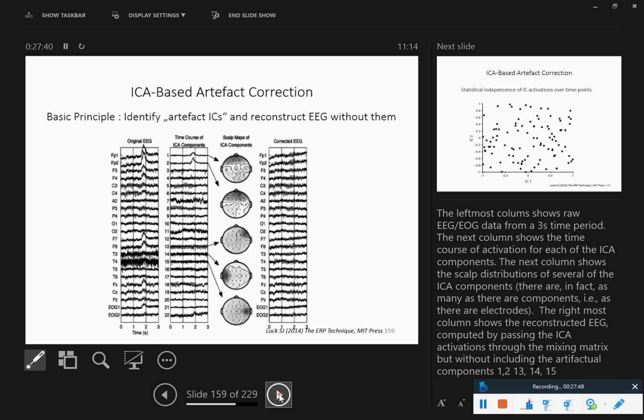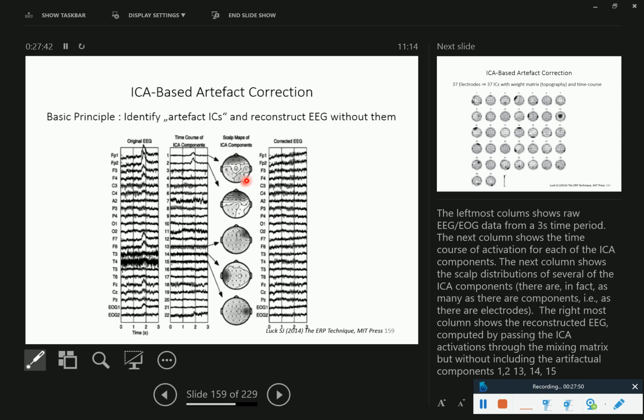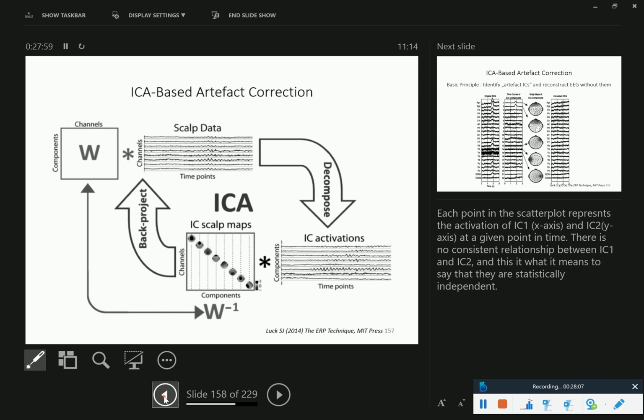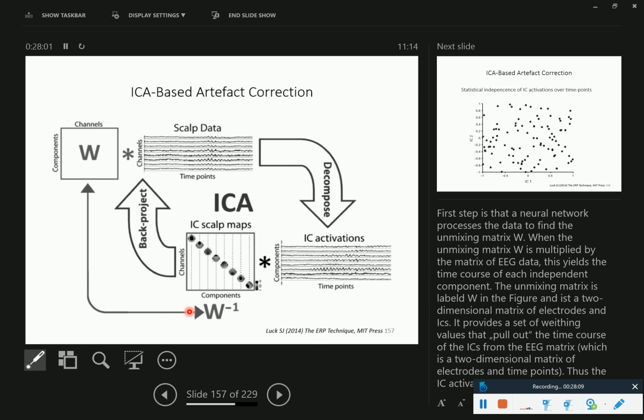What I mean by these topographies are these things. You can visualize a column of this matrix because each value refers to an electrode. You can visualize this in this topography way and then look at it. But it is really just a visualization of the weights that you get from the basic definition of the ICA. So this is the decomposing step of ICA artifact correction.